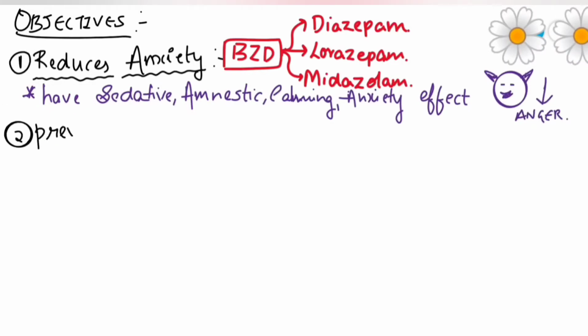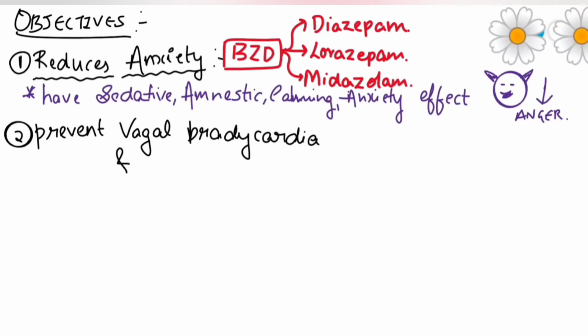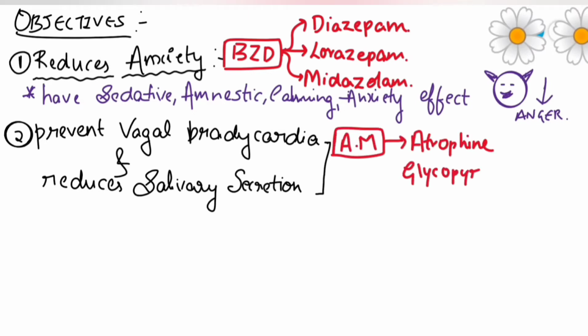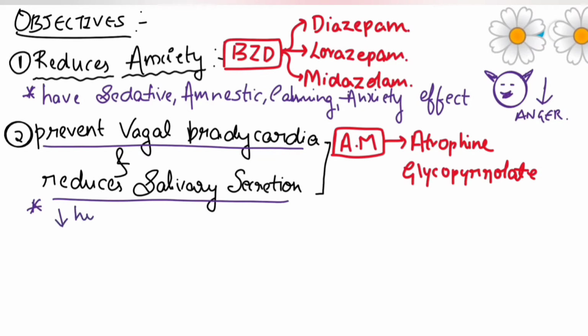The second one is it mainly tries to prevent vagal bradycardia and reduce the salivary secretion which is caused by these anesthetics. So consider anti-muscarinic agents such as atropine or glycopyrrolate. These are usually used to prevent the vagal bradycardia and reduce the salivary secretion. It also tries to decrease hypotension.